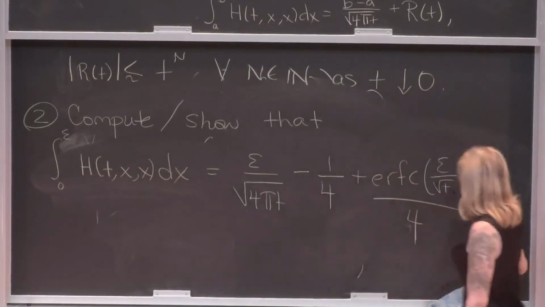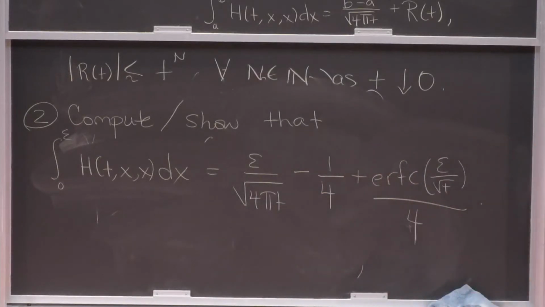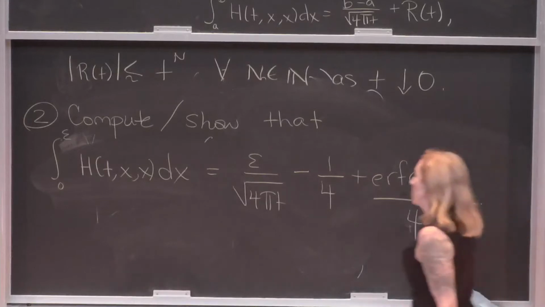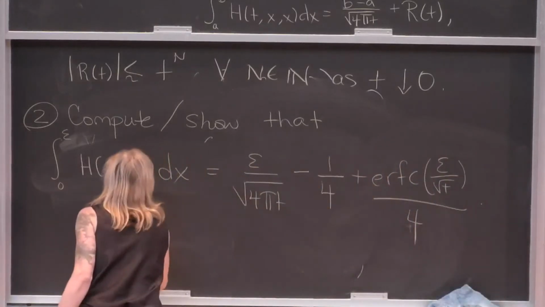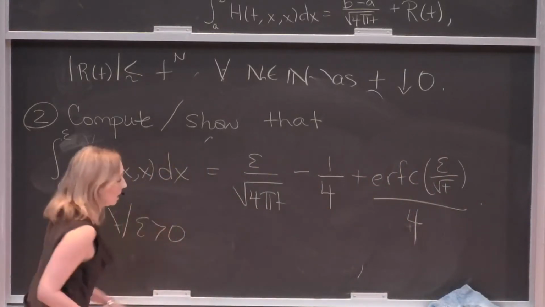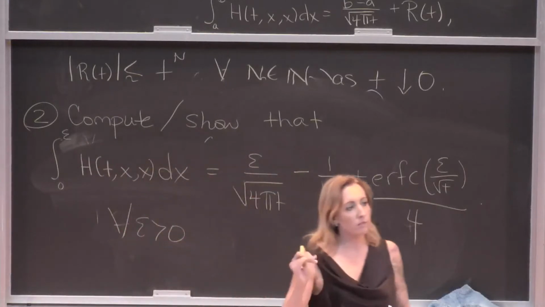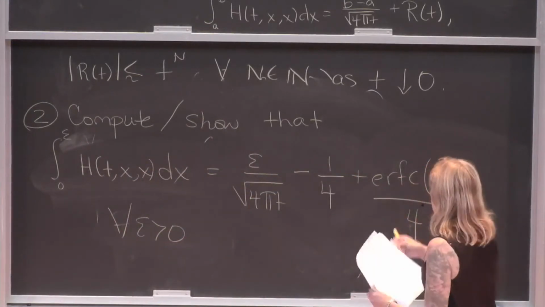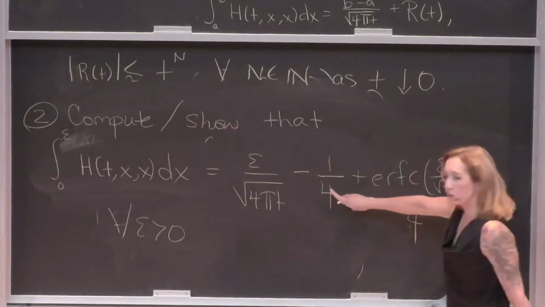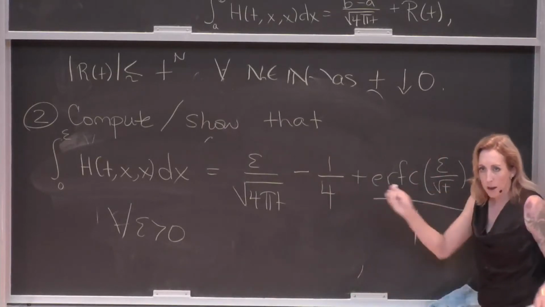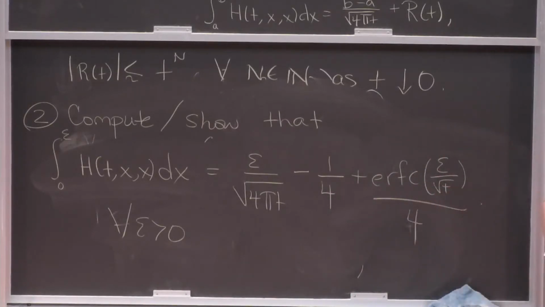So this is the complementary error function. So for any epsilon greater than 0, this trace of my heat kernel picks up this extra minus a quarter. No matter how tiny of an interval near 0 you integrate over, you're always getting this minus a quarter.